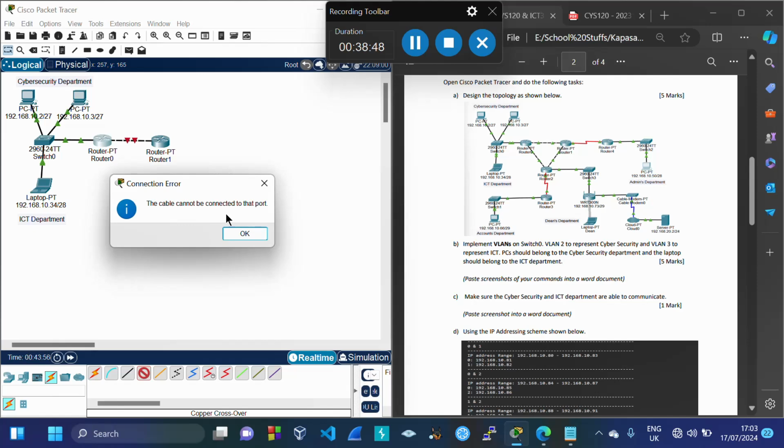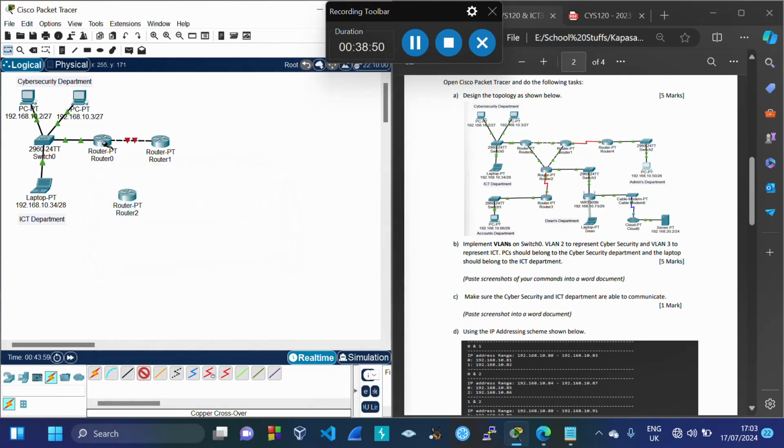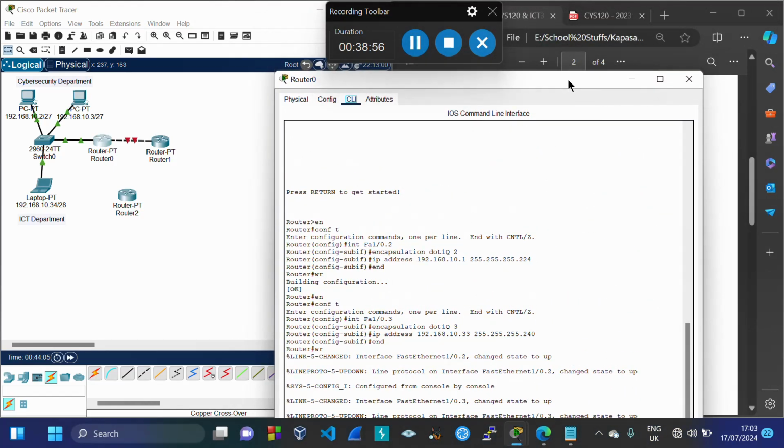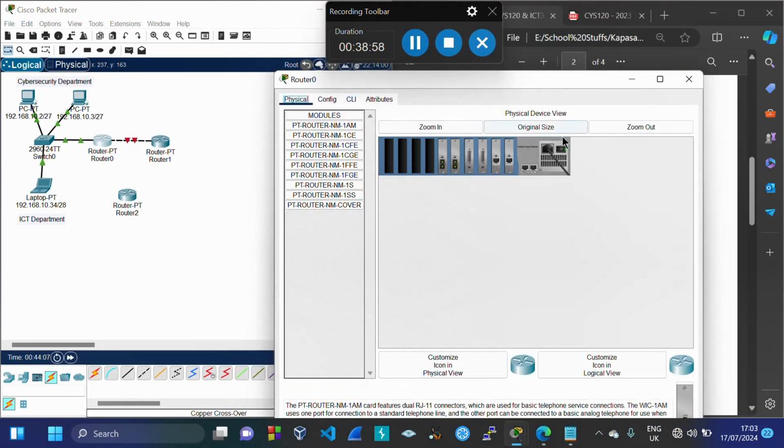this interface. So we will need to increase the interfaces by clicking on that router such as router 0. Then under physical, we are going to switch off the router first. Then we are going to drag this third interface into those empty ports so that we increase the port numbers.